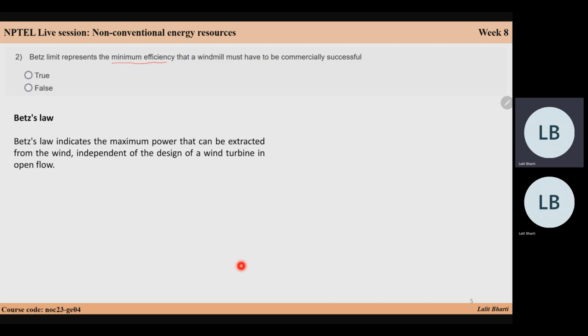First we need to understand what Betz's law is. Betz's law indicates the maximum power that can be extracted from a windmill.